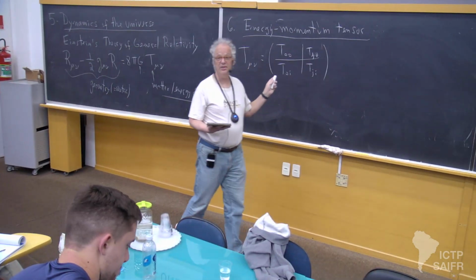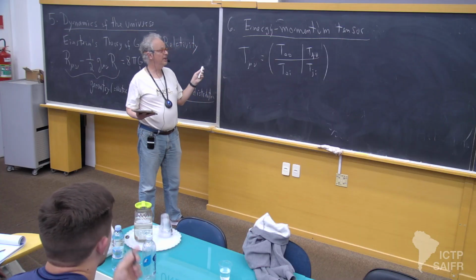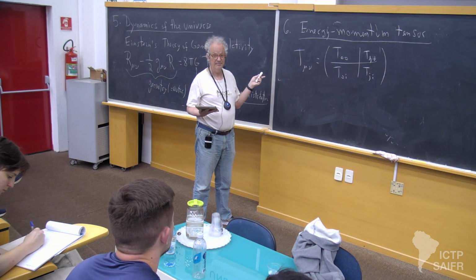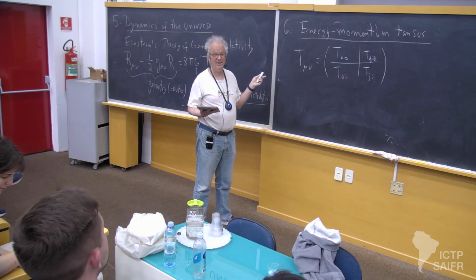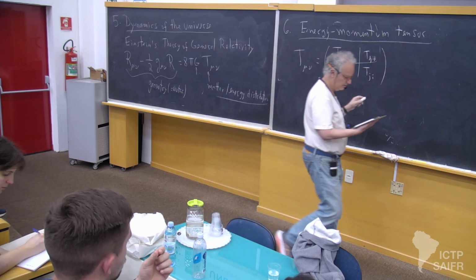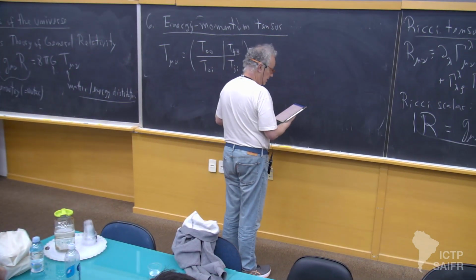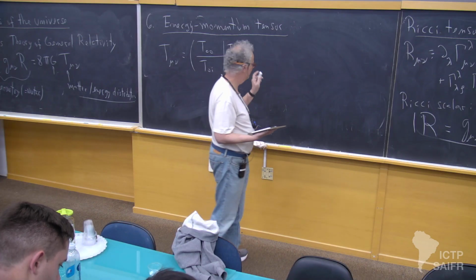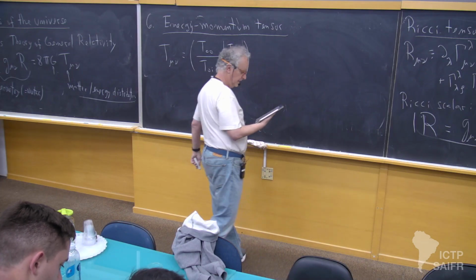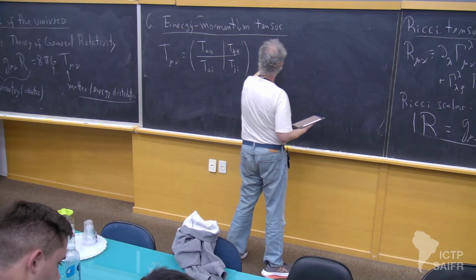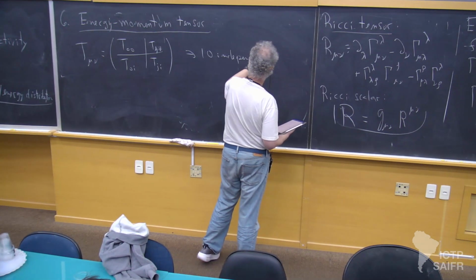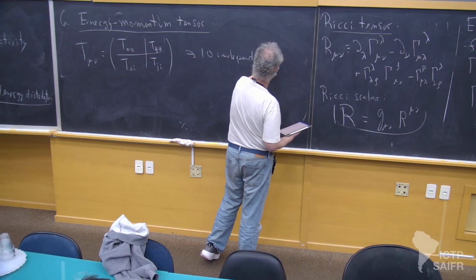And this is a symmetric tensor. So again, how many independent components should there be in the energy momentum tensor? 6. Sorry, 10. I'm making a mistake. Because it's 4 by 4, it's 10. So there are 10 independent components, because it is a symmetric 4 by 4 matrix.